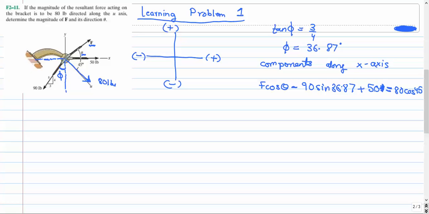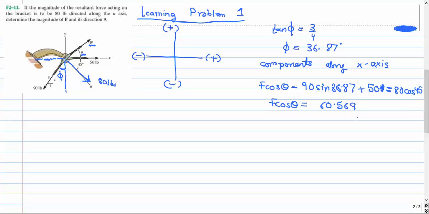Once we solve all these numbers, once we add them, the answer that we get is F cos of theta is equal to 60.569.